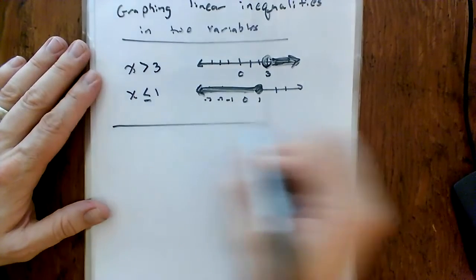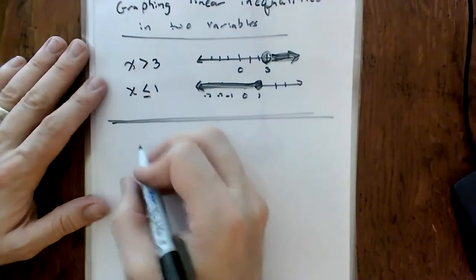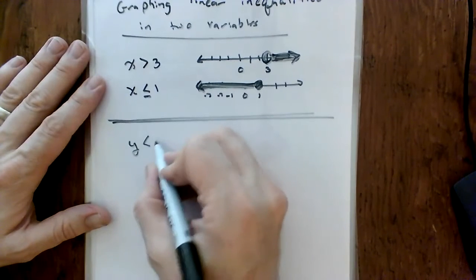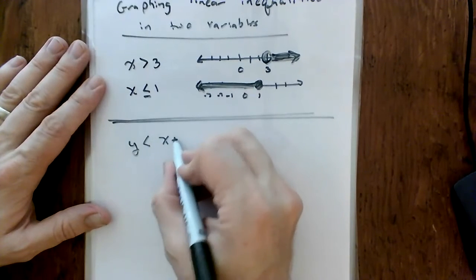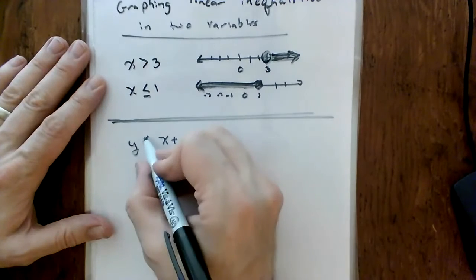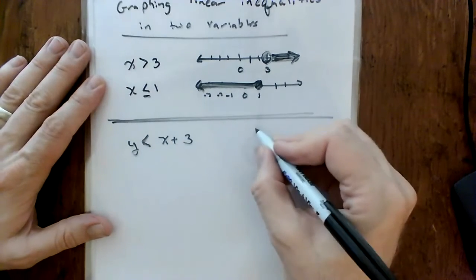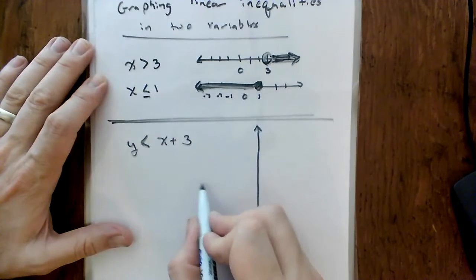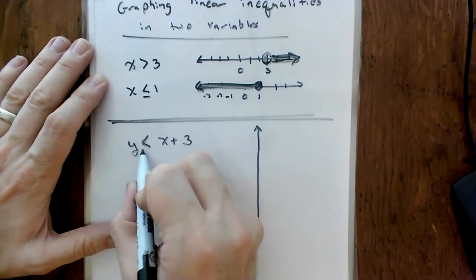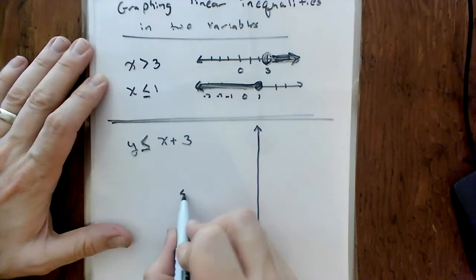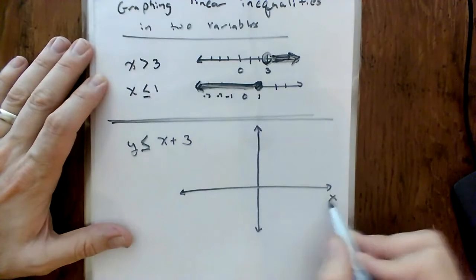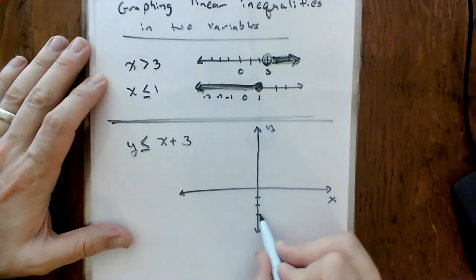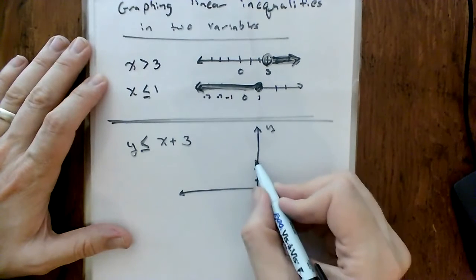So say I've got some line, and I'll do something like y is less than or equal to x plus 3. I'm going to start out and make this fairly easy. That means that x and y, here's my 1, 2, 3, 4. I should probably do this on graph paper.